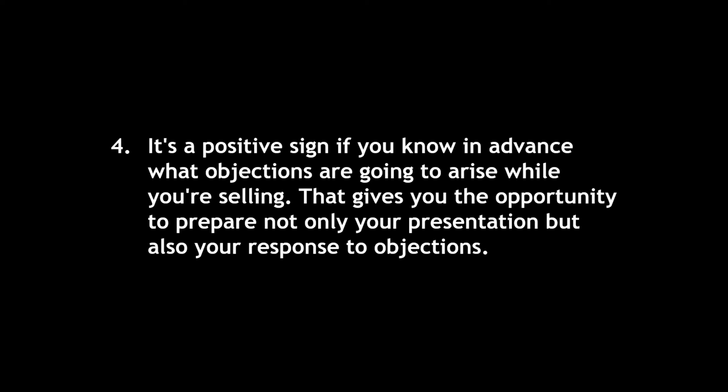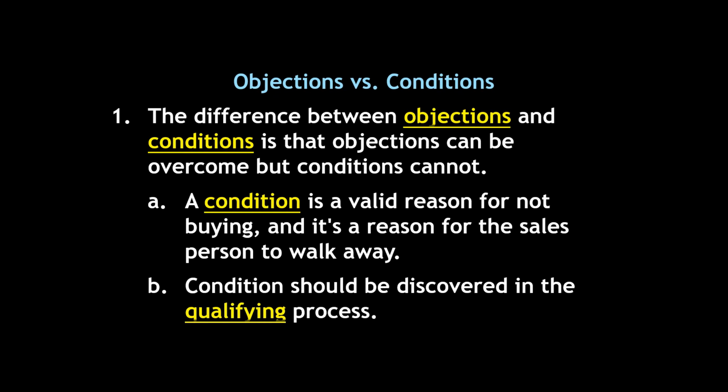So now let's talk about the difference between objections and conditions. The difference is that objections can be overcome. Conditions cannot. So what is a condition? A condition is a valid reason for not buying, and it's a reason for the salesperson to walk away.